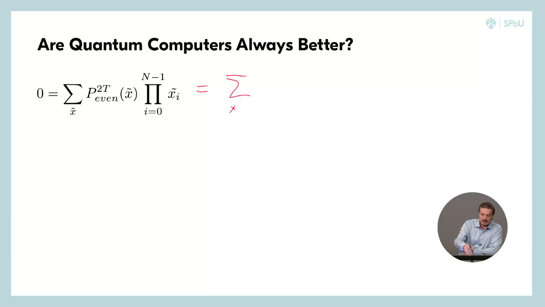So the sum over x such that x is even, and we have this polynomial here, and this product for even functions is 1, and the sum over x which is odd, again the same polynomial, and this product for odd functions is -1, so the minus here.